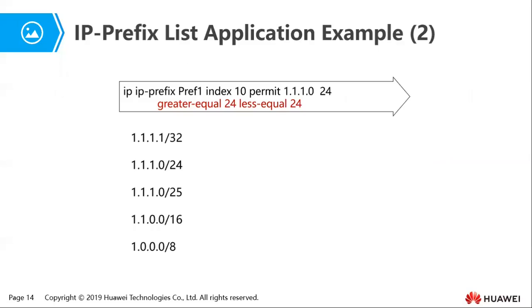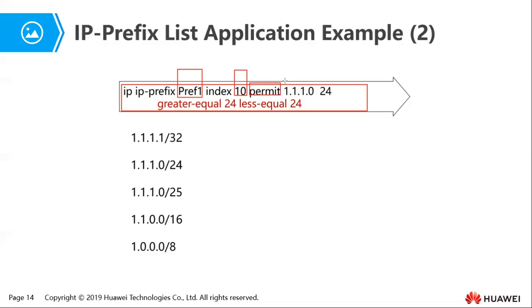So we move on, and look at this example here. So we have IP prefix pref1. pref1 here is the name of our IP prefix, index 10. That's the ID of this particular prefix. Then we have a permit clause.